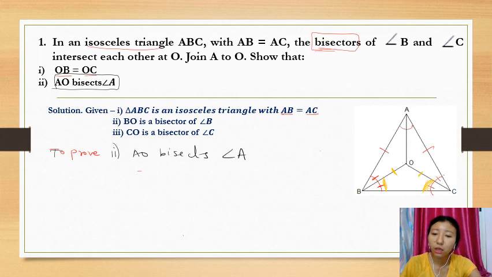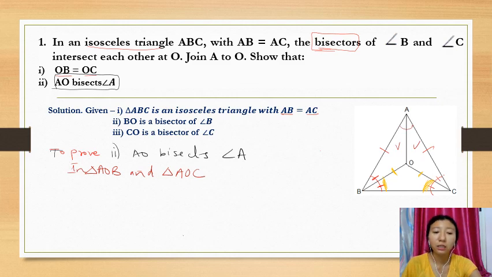So there isn't any other property or any other theorem related to this, so we have to take these two triangles, okay? Triangle AOB and triangle AOC.